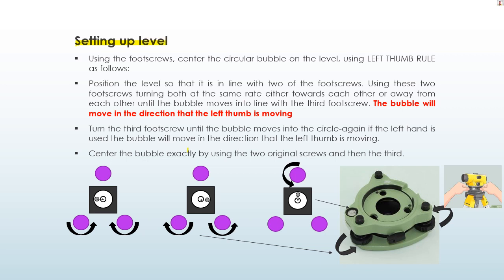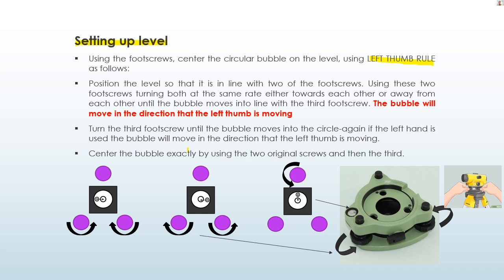So here, we will use the left thumb rule to adjust the base of the level. And we have the bubble over here. When the bubble is in the center of the circle, it means your level is now on a horizontal surface, or horizontal plane.